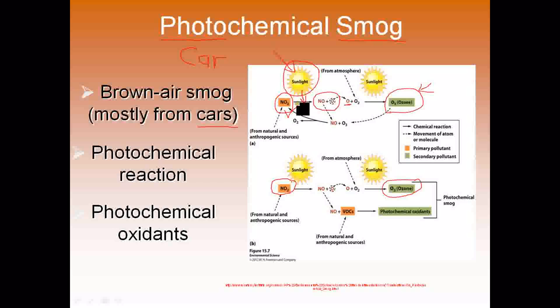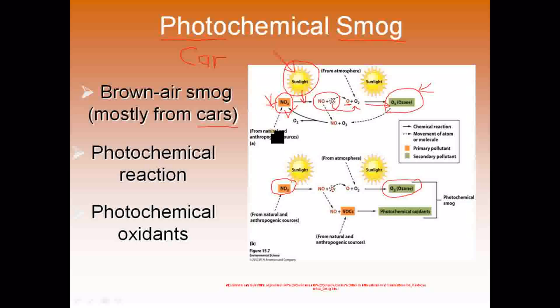The NO2 in the atmosphere gets split up into NO and O. But this free O ends up reacting with O2 in the atmosphere to make O3, which is the ozone. So you know that chain of events. It all starts because of cars and the NO2.